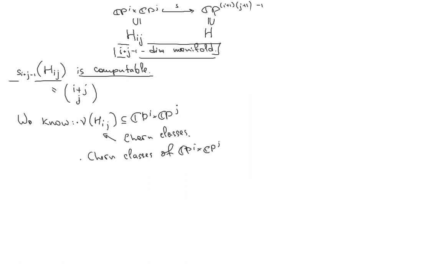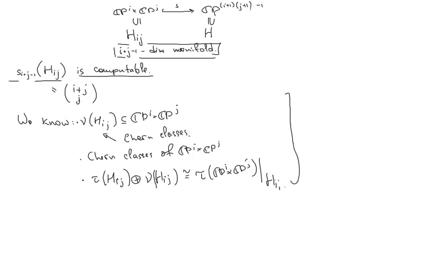And I guess that's all we need to know. Yeah, and we know that the tangent bundle of Hij plus the normal bundle of Hij is isomorphic to the tangent bundle of CPI times CPJ restricted to Hij. Yeah, and composing all of these, we can get the Milnor genus.